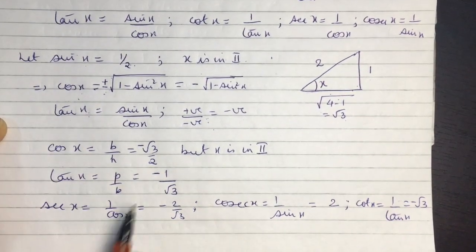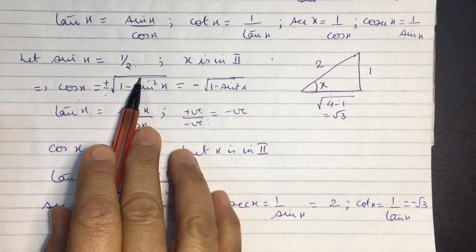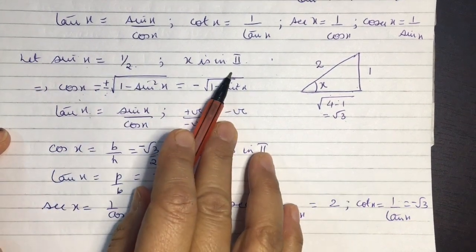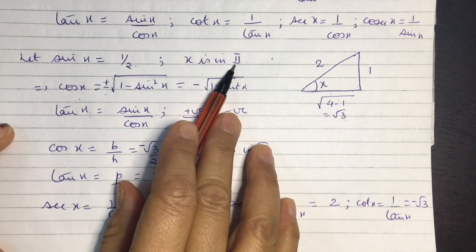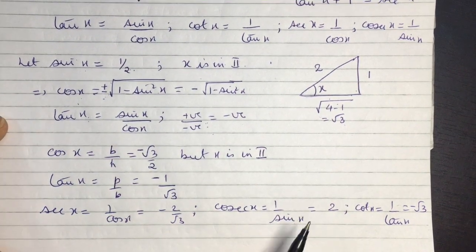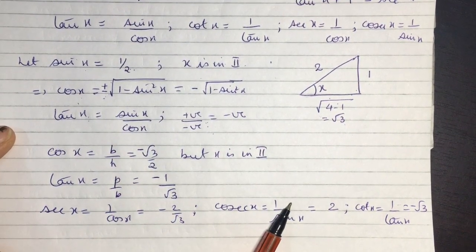So this way we have seen that given just one trigonometric function and the quadrant to which the angle belongs, we can find the remaining five trigonometric functions.